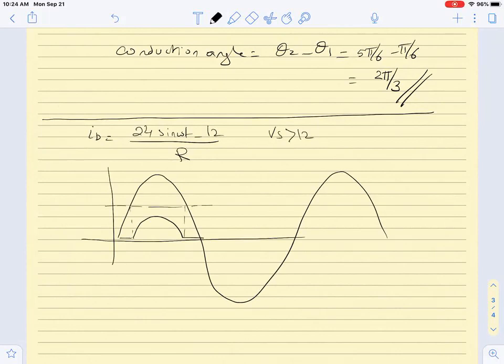It will be for Vs equal to 24. So the peak ID occurs if and only if Vs is max: 24 minus 12 over R, right? So the peak current is found when Vs is max. Next time we will continue to solve for the average current and talk about the diode in reverse mode. Does anyone have another question?